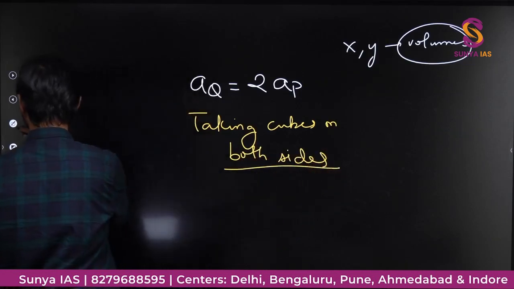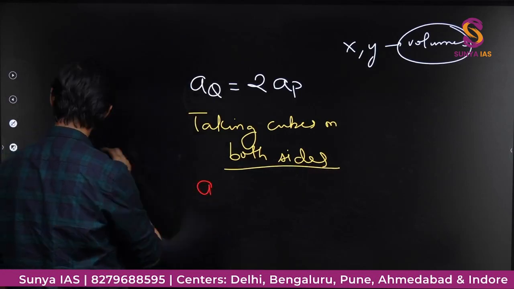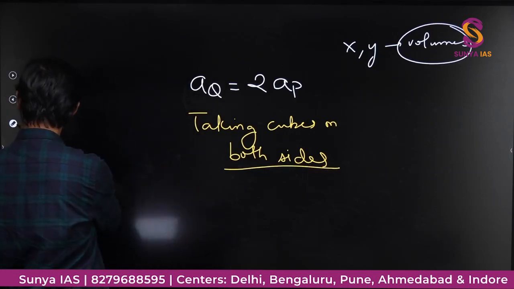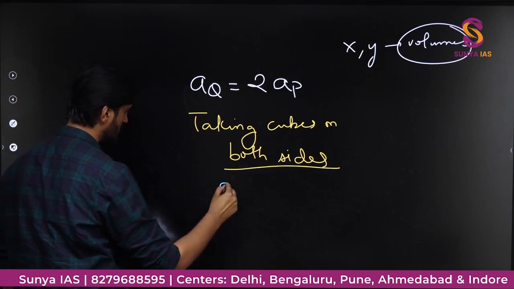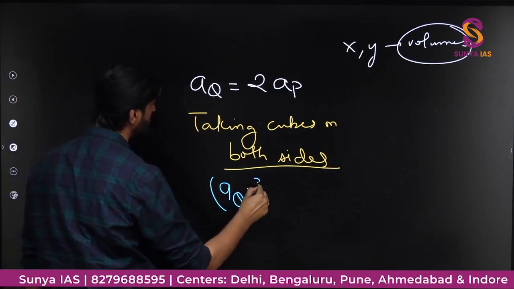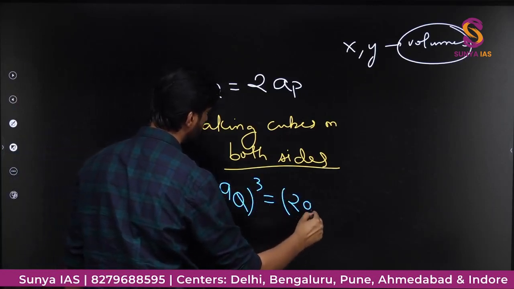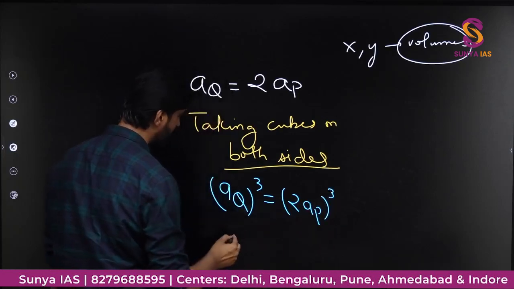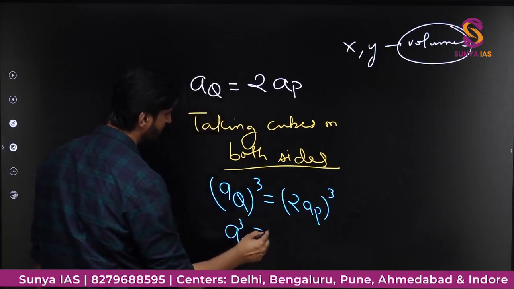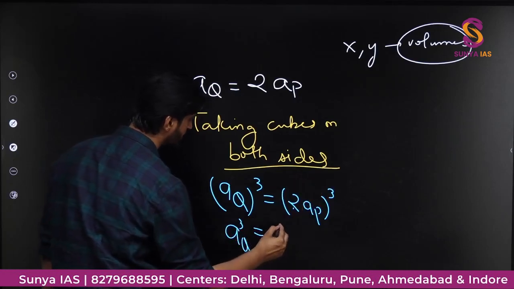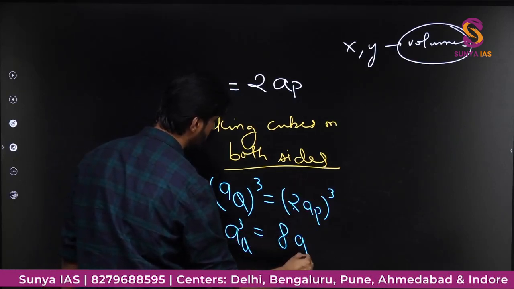we have AQ cube is equal to 2AP cube. Here we will have AQ cube will be 8 times, 2 cube will be nothing but 8, and AP cube will be there.